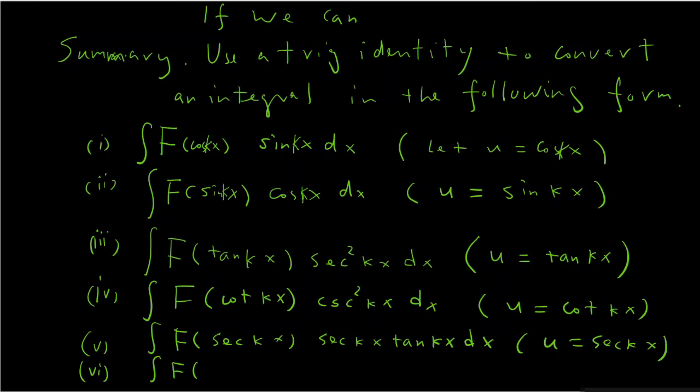Replace secant of kx with the cosecant of kx. And then the other factor can be written as cosecant of kx times cotangent of kx. The substitution you need is u equals cosecant of kx.